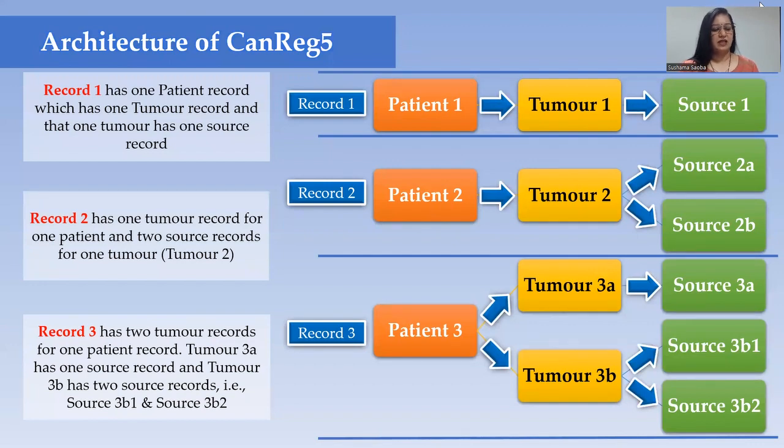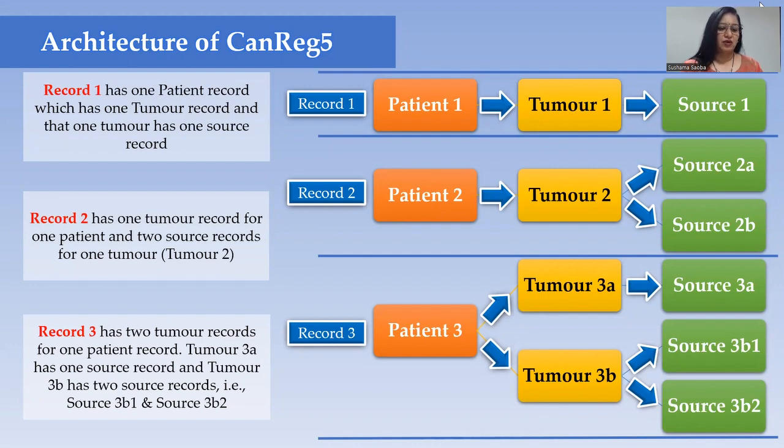This next slide gives us a more accurate example of what we are talking about. In the first scenario, we have record number 1, where we have a single patient, patient number 1, who has a single tumor, and the information was obtained from a single source, that is source 1.